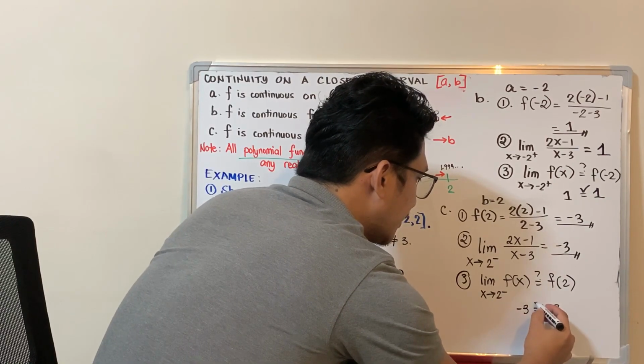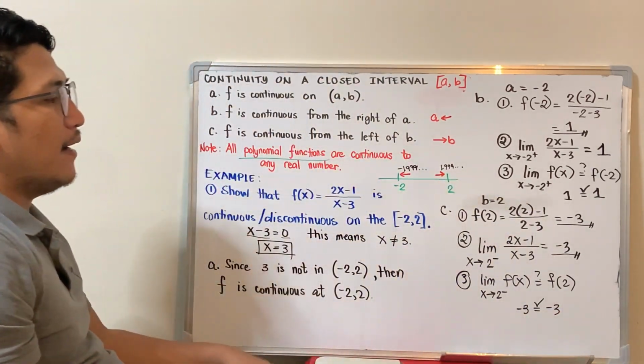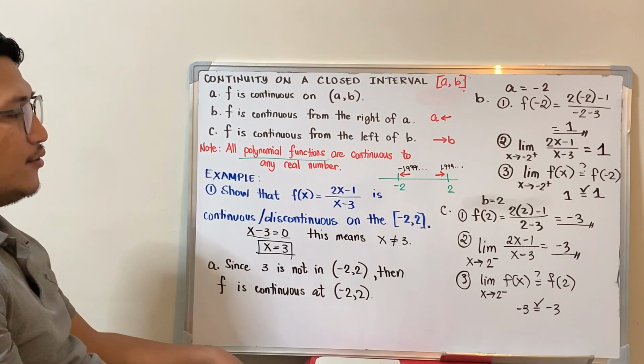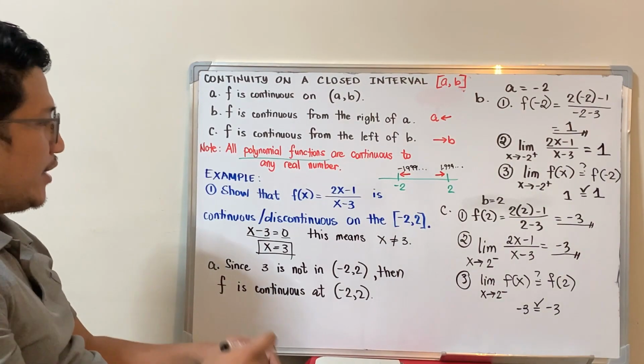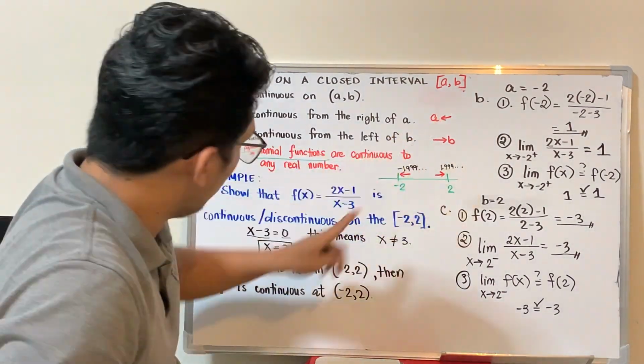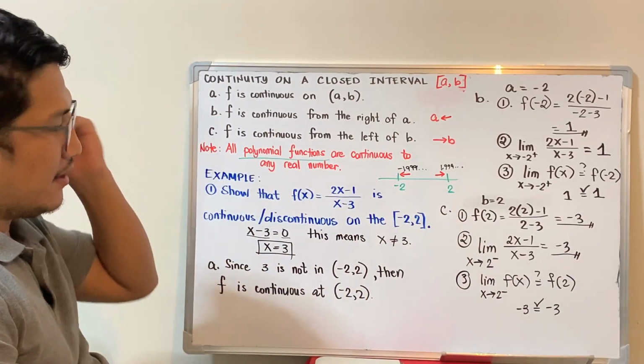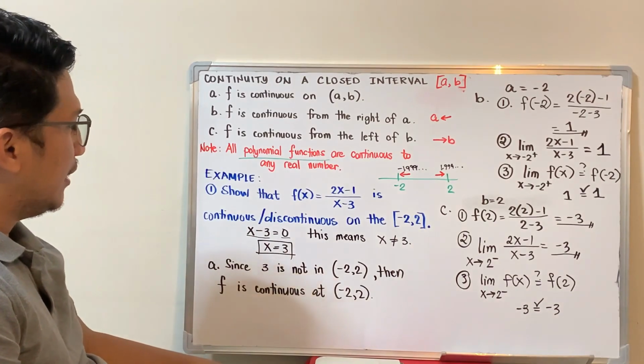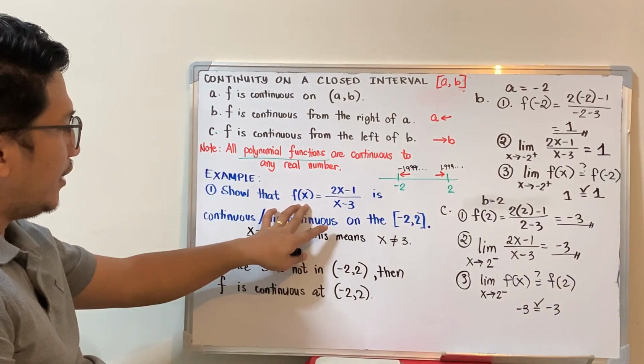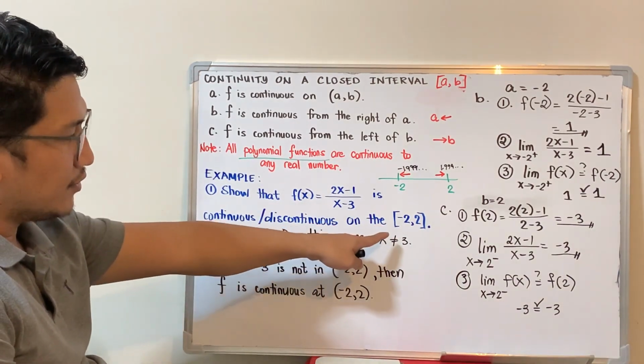So in other words, na-satisfy gyapon niya ang kanaang condition sa number 3. So since all A, B, and C are being satisfied, then ang conclusion, the function therefore is continuous on the closed interval.